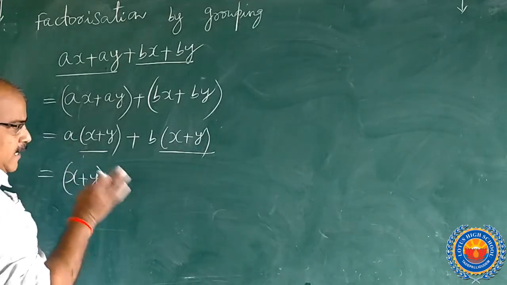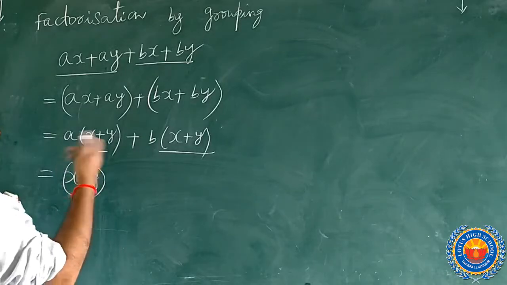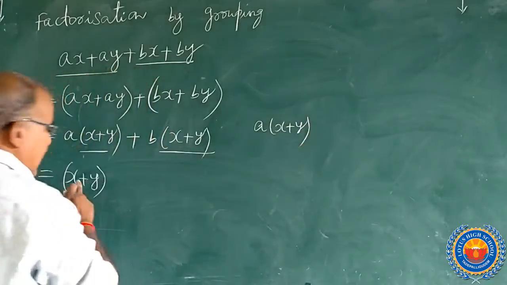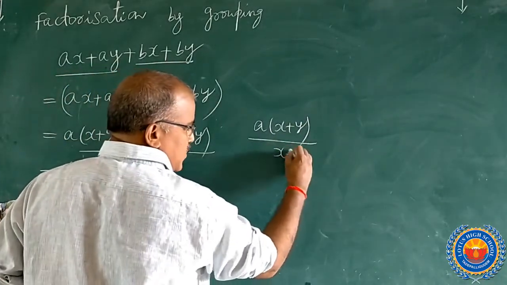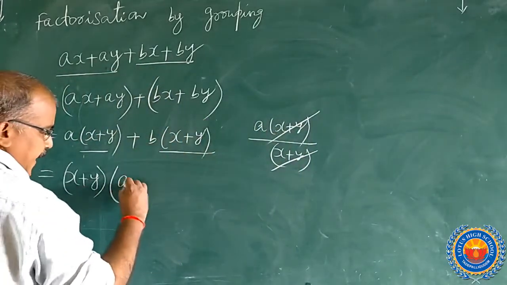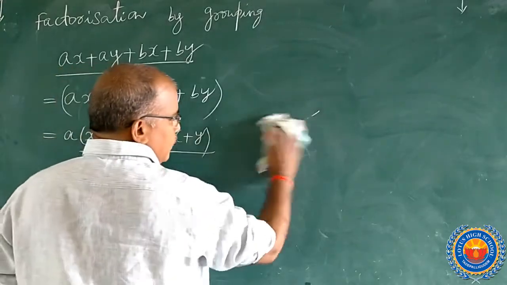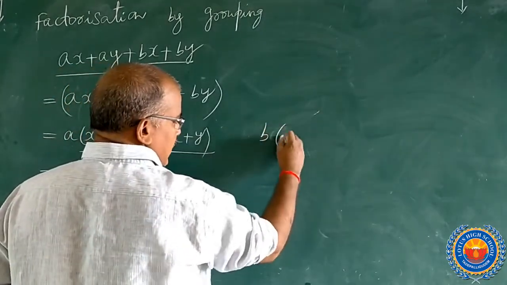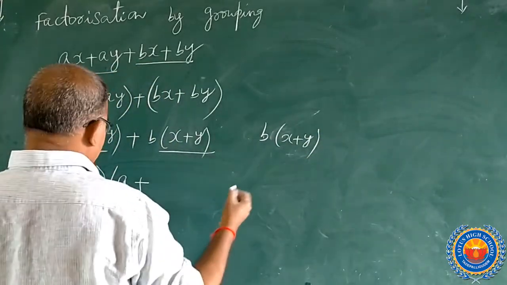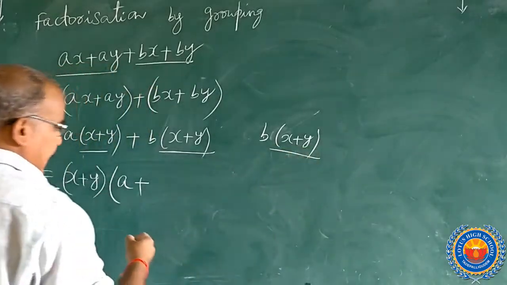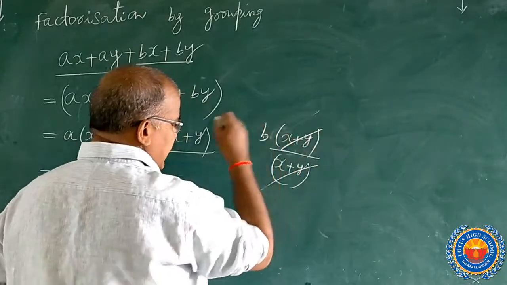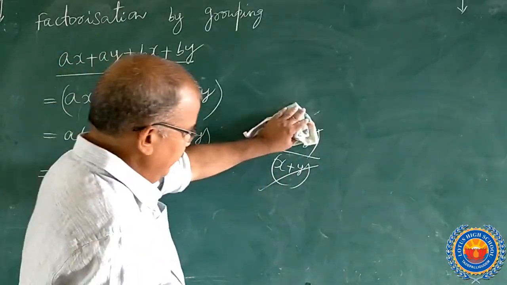Dividing by the highest common factor x plus y, the x plus y cancels, and the leftover is a plus b.